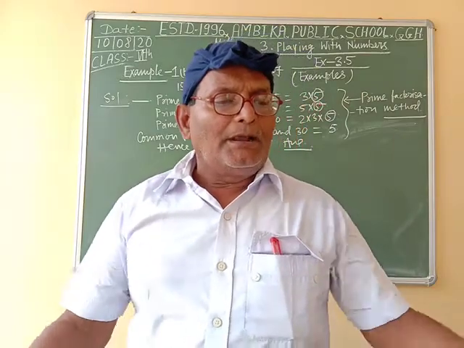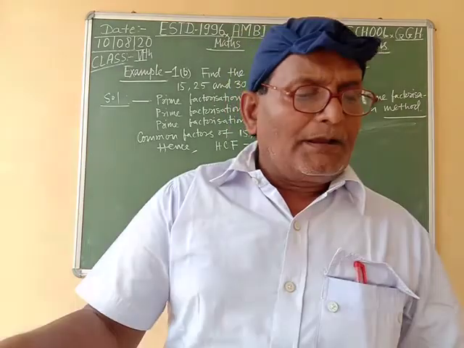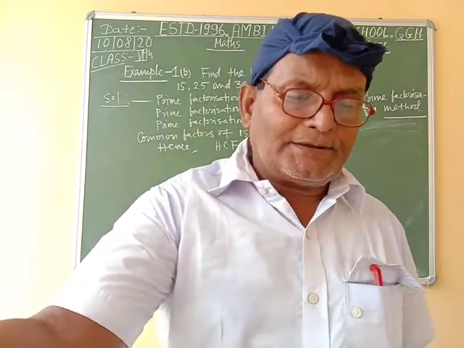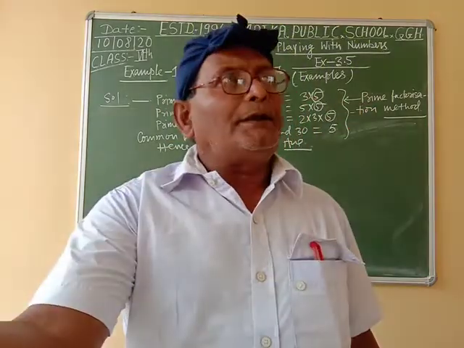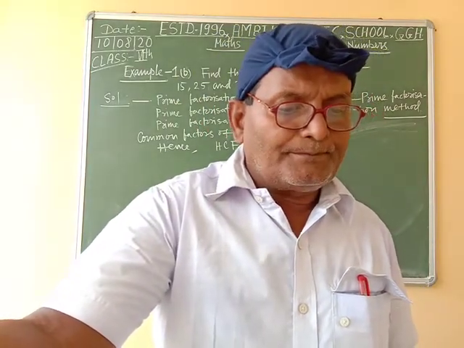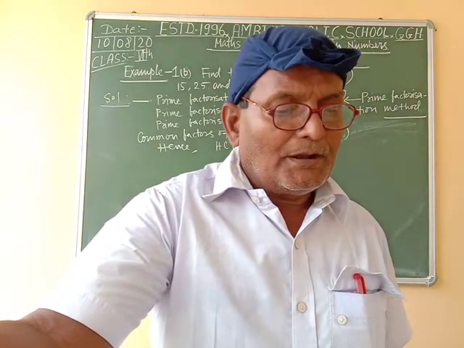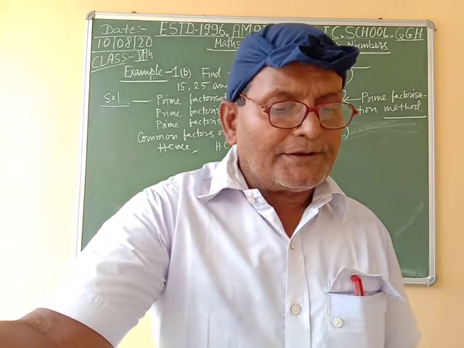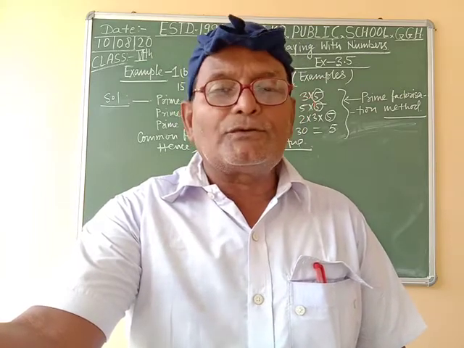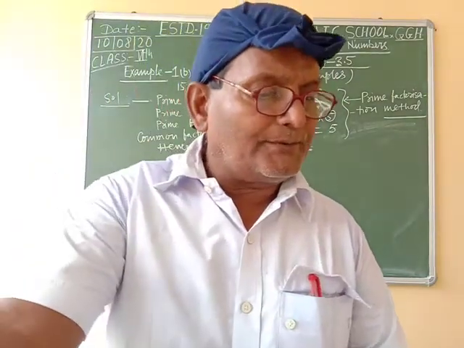For example, HCF of 2 and 3 is 1, so for two consecutive numbers their HCF is equal to 1. Now in part B, even numbers: the common factor of two consecutive even numbers is 2, hence their HCF is equal to 2. This is a very short type question, so I am not going to solve it.